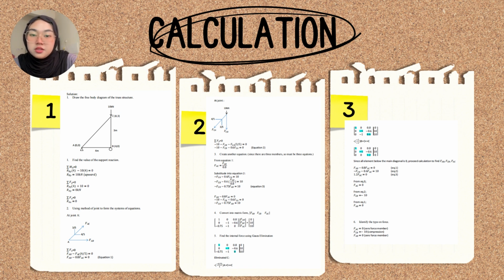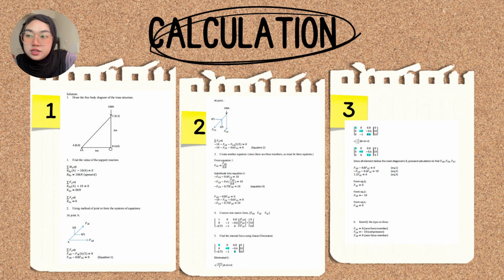The next step is to find the value of the support reactions before we proceed with the calculation. To find the support reactions, we use the knowledge that we learned in the statics and dynamics course. We use the three basic equilibrium equations, which are M equal to 0, Fy equal to 0, and Fx equal to 0.